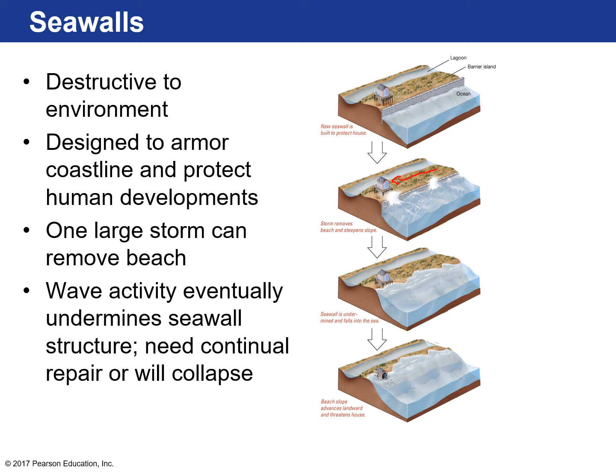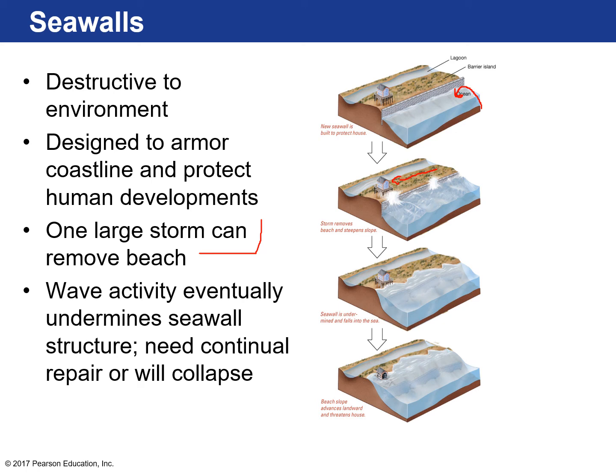But the problem is that because there's a wall there, it concentrates the entire wave energy of the ocean towards the sand on the beach. So it can take one storm and remove all the sand on the beach. Eventually you lose with 10,000 waves crashing in a 24-hour period.